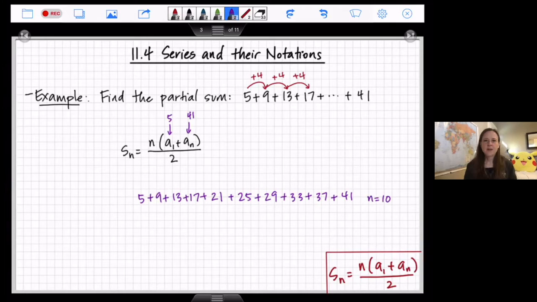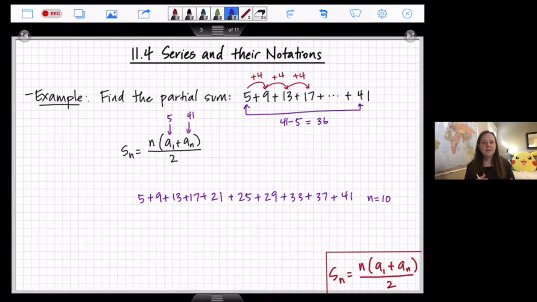All right. So you could do this every time, but if I give you something that's bigger than 10, like 100 terms, you're not going to want to go through and do this every time, right? If you're going to write out 100 terms, it kind of defeats the purpose of having a shortcut formula. So how could we do this methodically? Well, we know that the common difference is 4, so we could just ask ourselves, how many times did we add 4 to get from 5 to 41? That's 41 minus 5, which gives me a difference of 36.